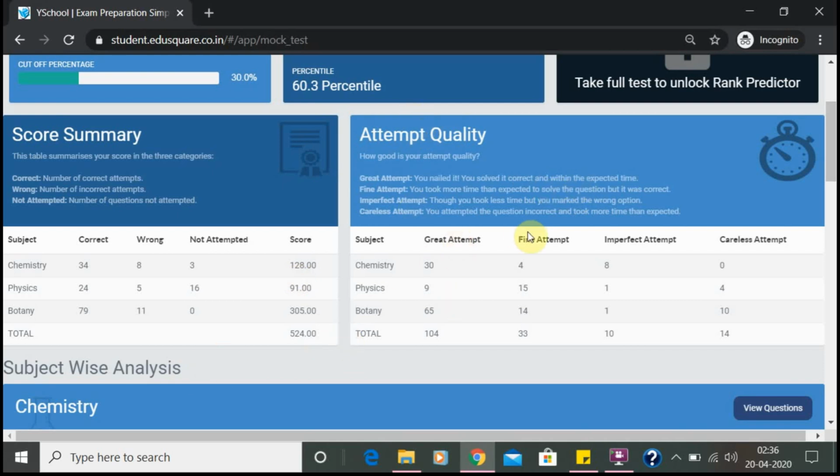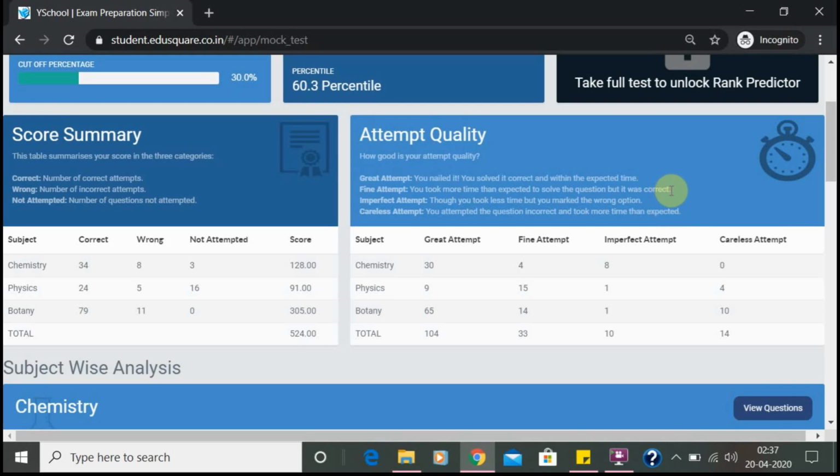All right. So now talking about the attempt quality. Here four types of attempt quality are given: a great attempt, a fine attempt, an imperfect attempt, and a careless attempt. So how are these attempts measured? At the back end of this app that we've provided, we have analyzed and put in a lot of questions. The faculties have tagged them according to the type of question they are and the ideal time required to attempt them.